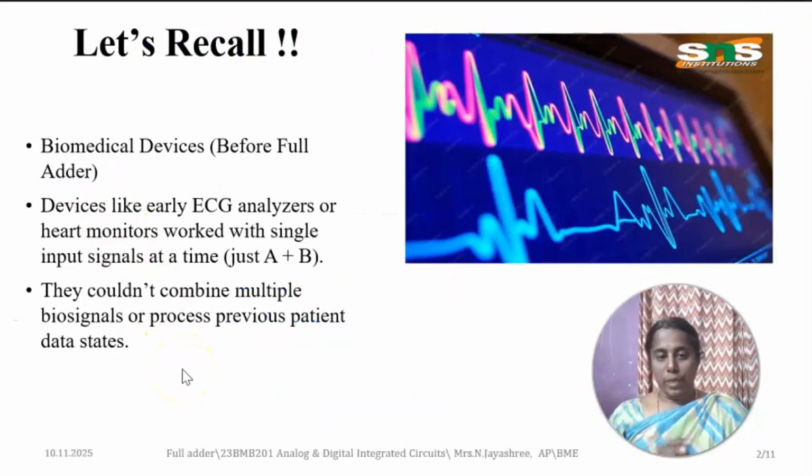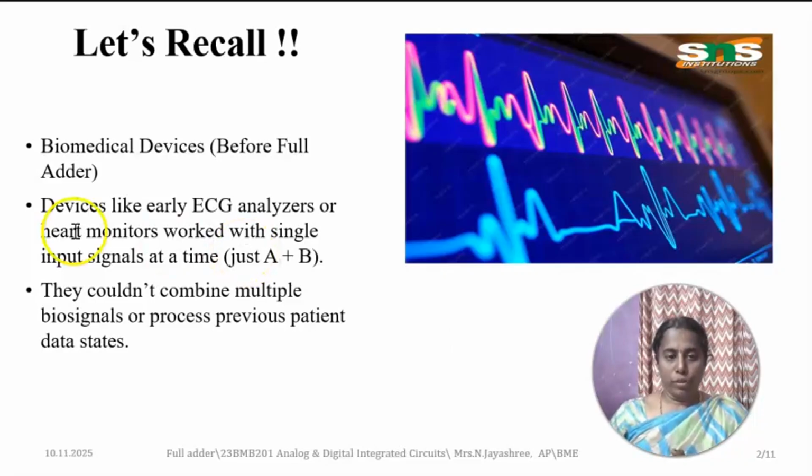In biomedical devices, before the full adder, ECG analyzers or heart monitors worked with single input signals at a time, A plus B. They could not combine multiple biosignals or process patient data states.